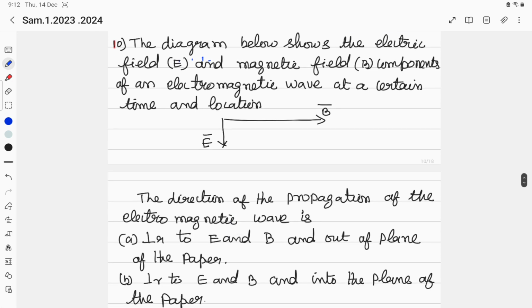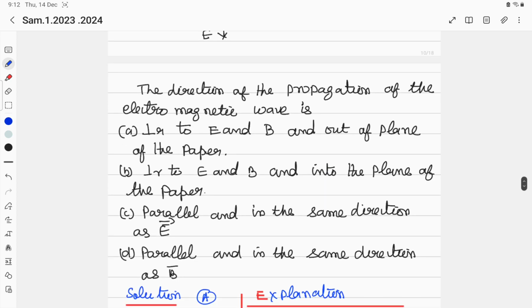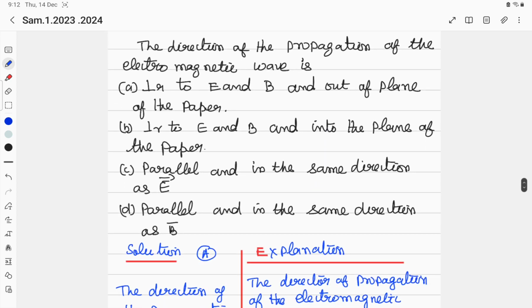Question number 10. The diagram below shows the electric field E and magnetic field B, components of an electromagnetic wave at a certain time and location. The direction of the propagation of the electromagnetic wave is A. perpendicular to E and B and out of the plane of the paper.